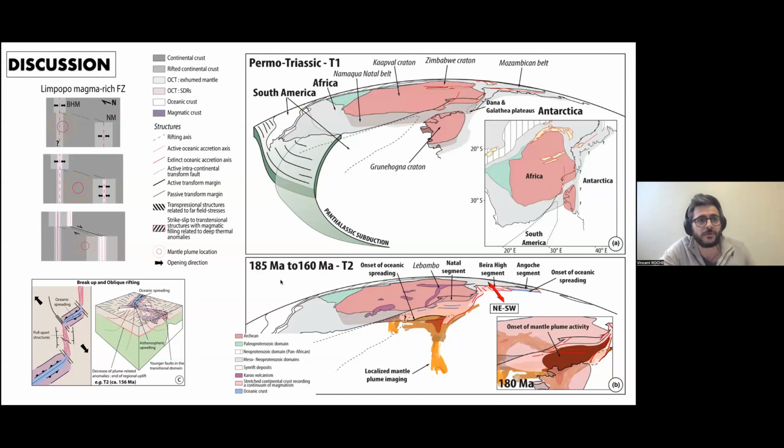And then at around 185, probably until 160, so an activity of 30 million years, you can start to localize the plume in the Natal Valley, so in this area. And this is the equivalent just here with this small sketch between the Beira High segment and the Natal segment. And you start to localize here the Limpopo transform fault zone, which in this figure is localized just there.